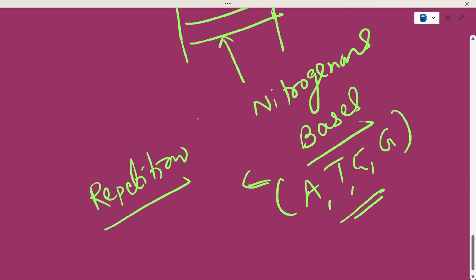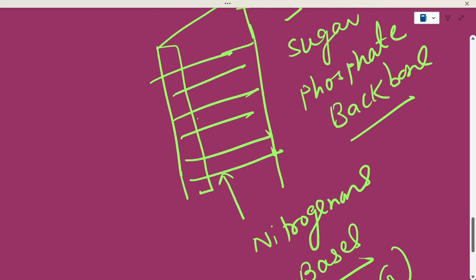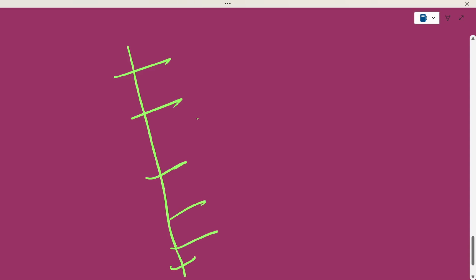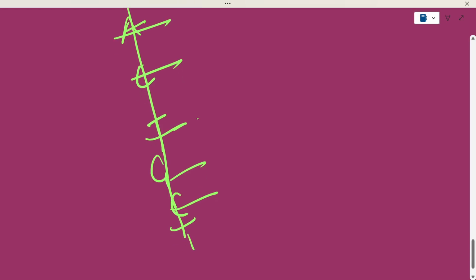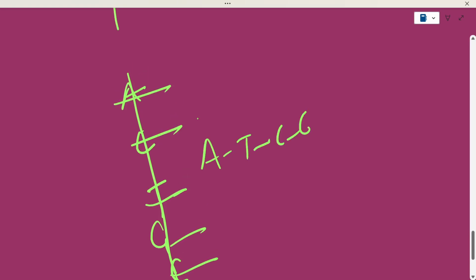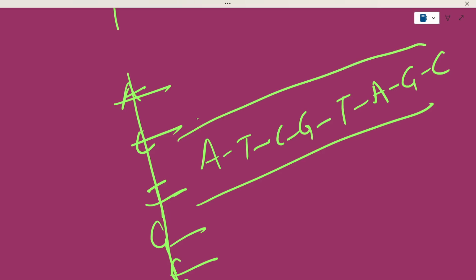Because if you cut out a section of a DNA just for a template, जैसे आपने ये section निकाल लिया, if you cut it out, it will appear like this: C, G, nothing but repetition of units in this way.